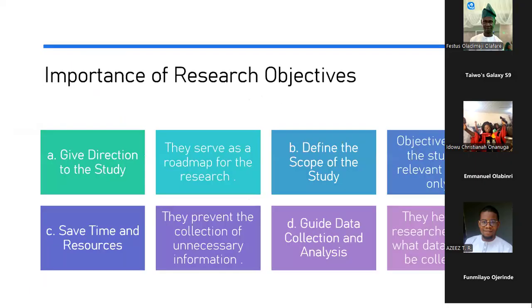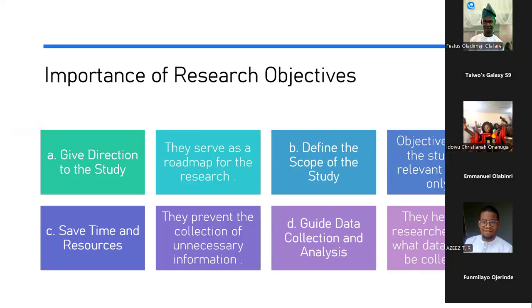Now, what is the importance of research objectives? Why do we need to set objectives for our study? Number one is that research objectives give direction to the study, meaning that if you want to conduct any research, you are working in an open field.